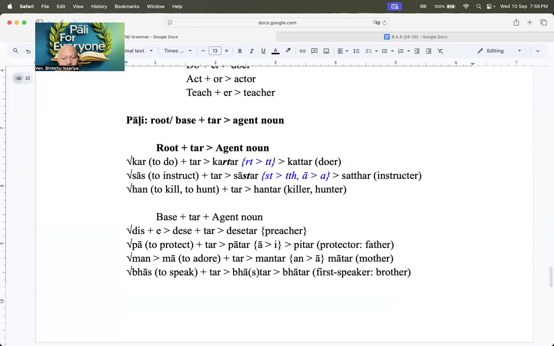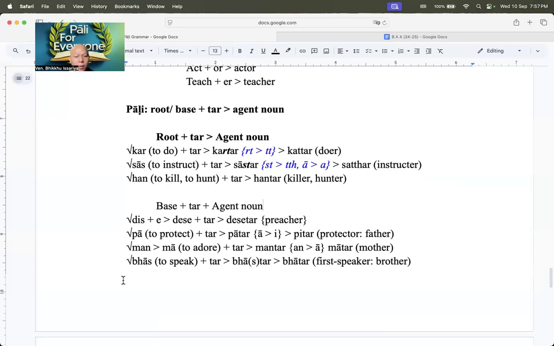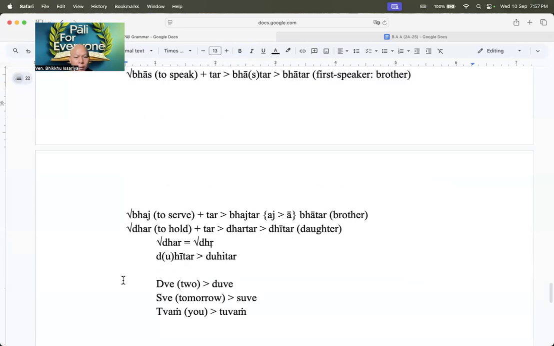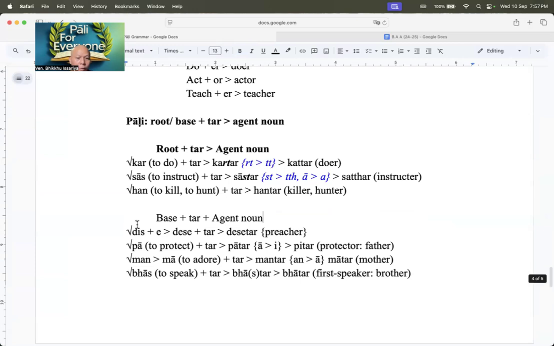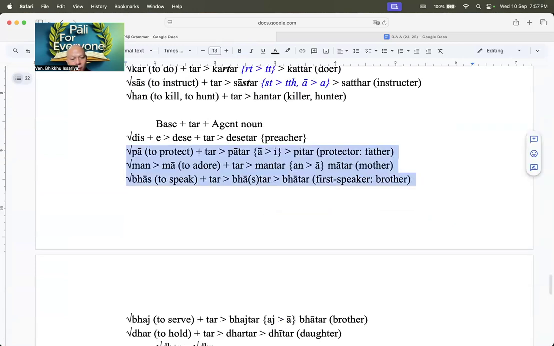So here only, the other ones also follow from these examples.